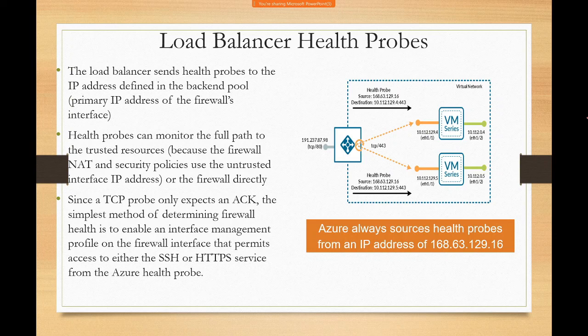In case of routing, this will help you identify whether the health probe is working or not. So it's always the same IP address? Yes, it always remains the same, 168.63.129.16.